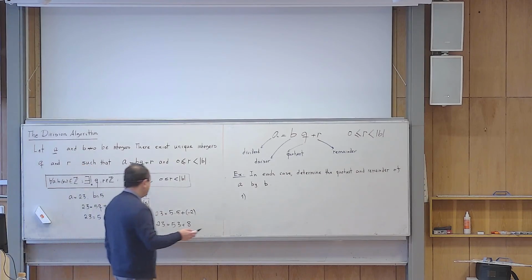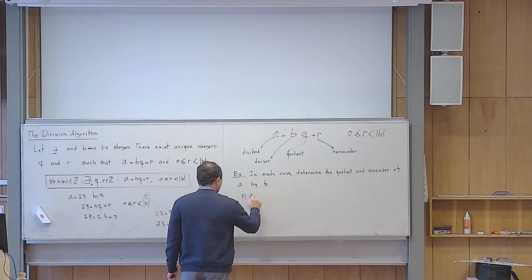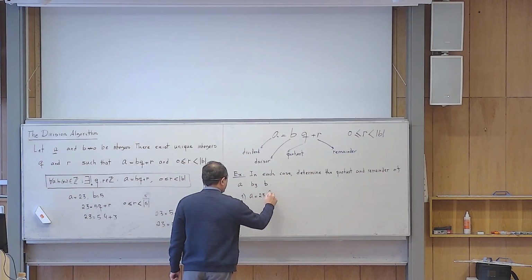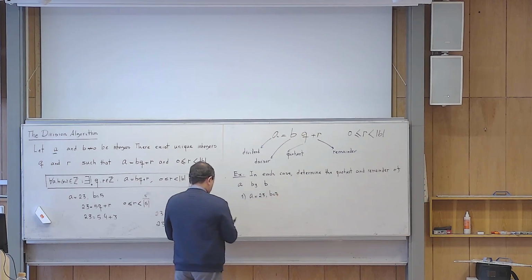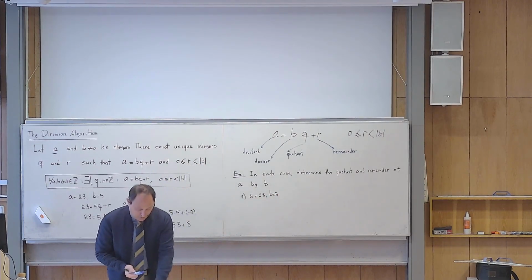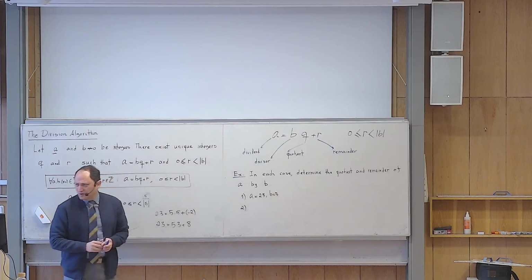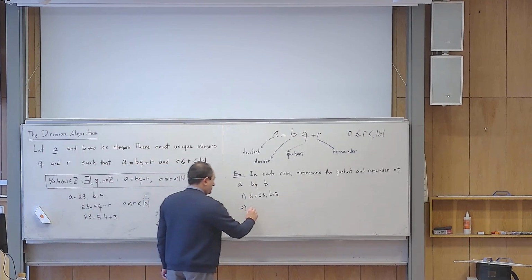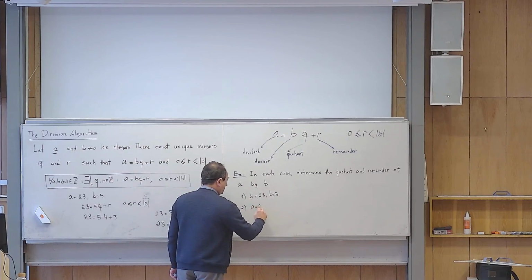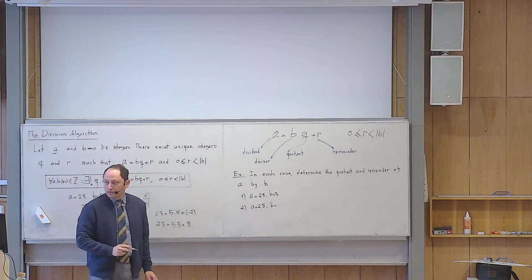So the first one, let me just write the same thing. We already did that, of course. Let me write number 2 here. So let me choose the numbers that I wisely designed here. So A is 28 and B is minus 6.